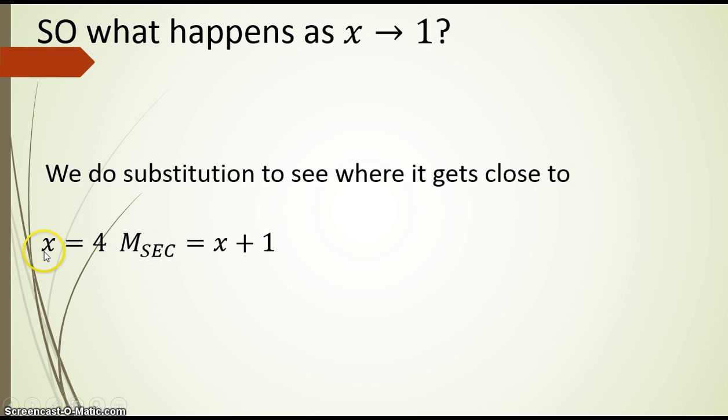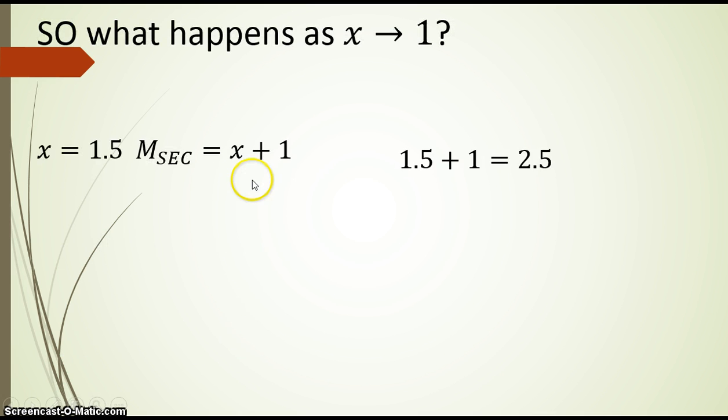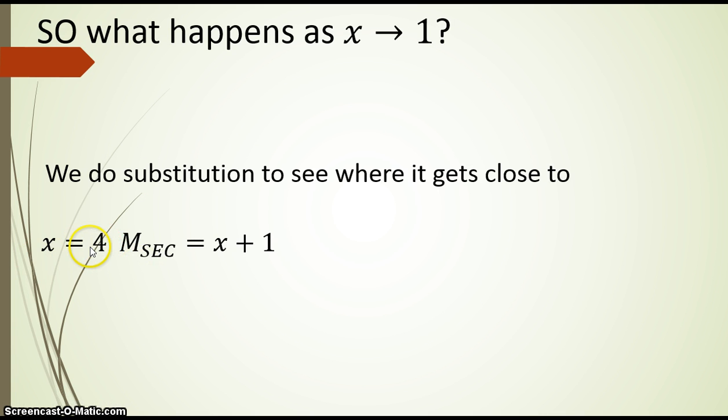If x equals 2, we're trying to figure out what it equals. If I plug in a 2, 2 plus 1 equals 3. If I plug in a 1.5, I get 1.5 plus 1 equals 2.5. I'm just trying to show you. So if x equals 4 and I plug it in, 4 plus 1 is 5.